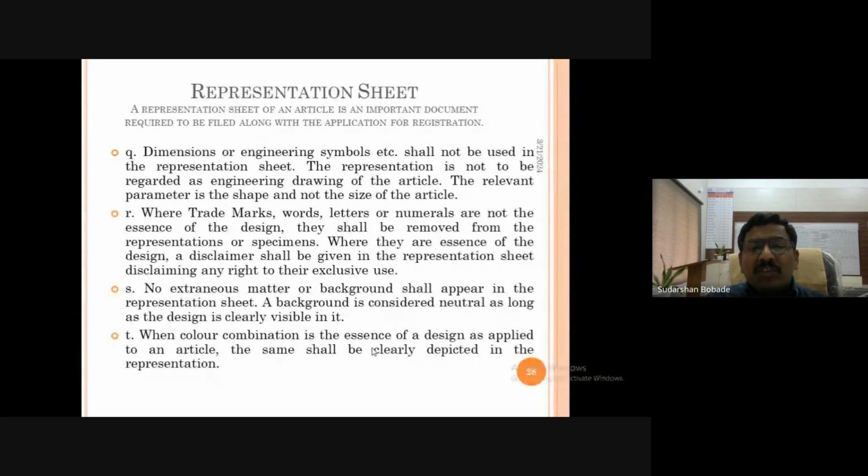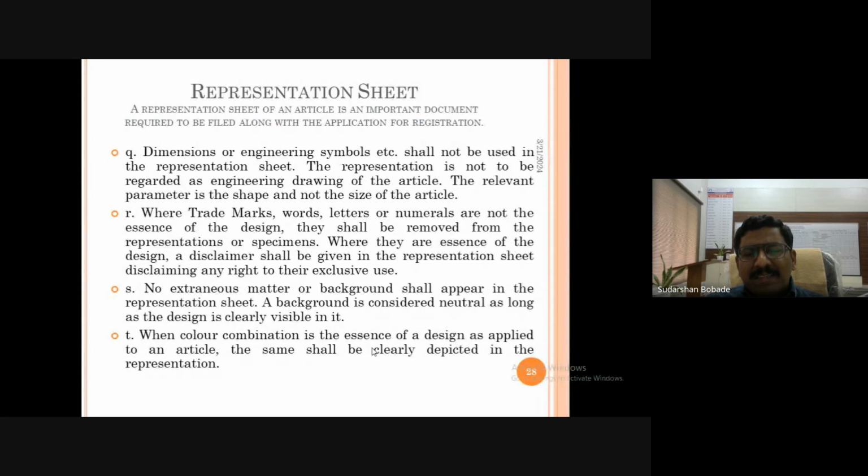Next one, dimension or engineering symbol. If it is really necessary, if it is giving some sense to that particular drawing, then it is allowed. If it is not, then don't try to confuse them by providing the dimension or engineering symbol. You are not supposed to mention over there that all dimensions are in millimeter, or that the north direction is in this particular way. These are not at all required when we are claiming for the design.